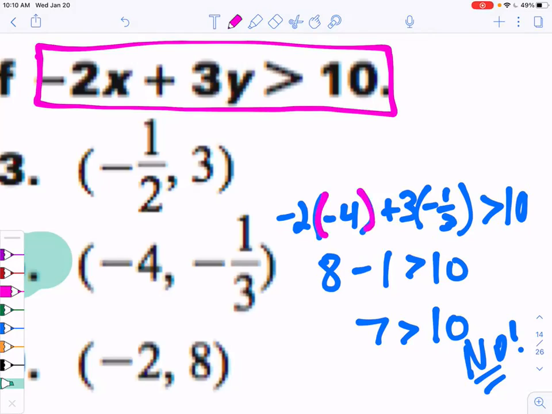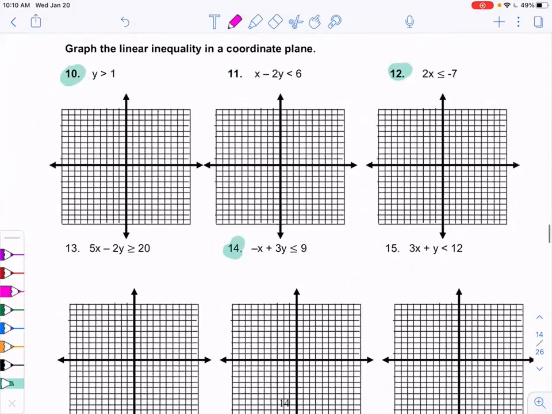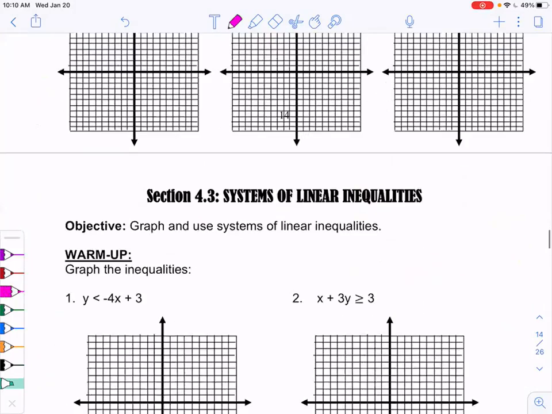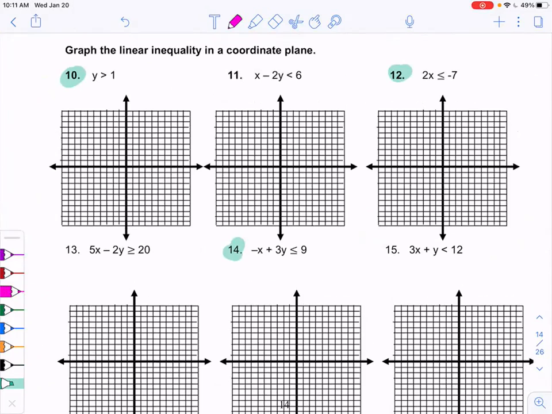Here is where you plug in. Questions? That shouldn't be too hard. And then this is what we've been looking at. We just want to graph, but we don't have to use a test point. So Peyton, pick one you want me to do. It's 10, 12, or 14. Got it.